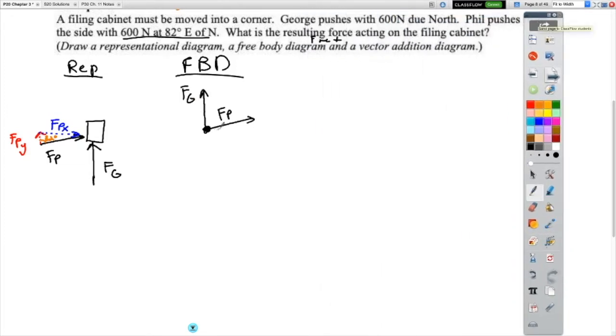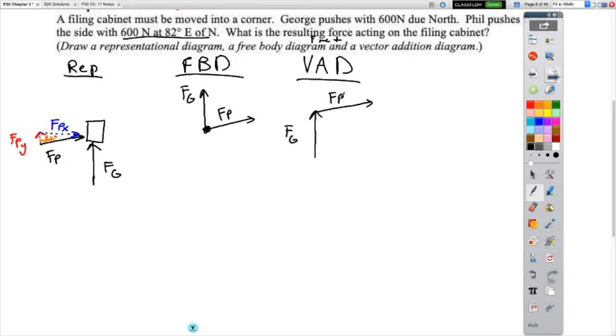And again, I could draw the components here, but then when we do our vector addition diagram, we draw them tip to tail. So first, let's draw the force George applies, force of George. Then we will draw, whoops, shouldn't use a little g because that looks like gravity. Big G for George, capitalize a first name. And then force of Phil off on an angle that way.